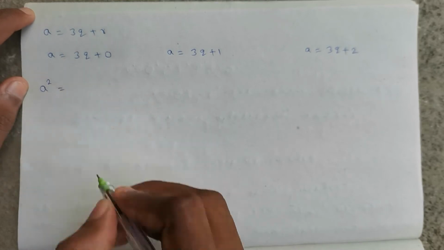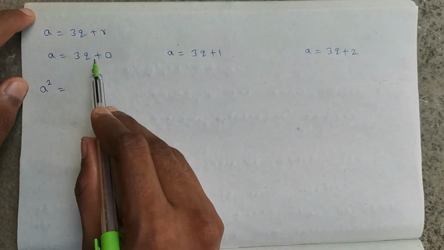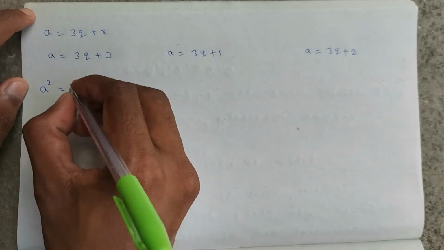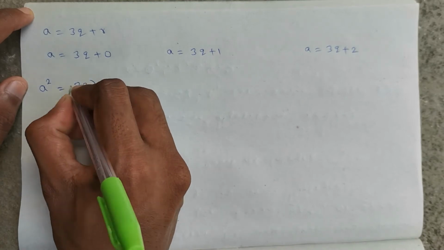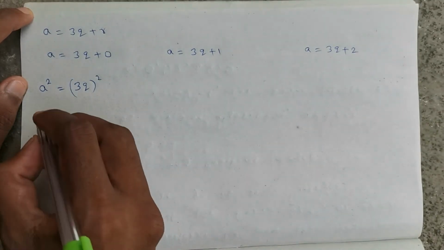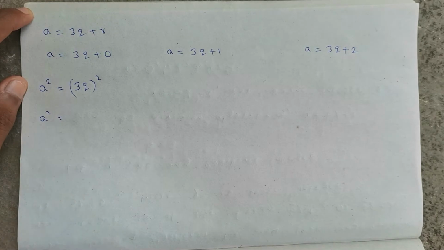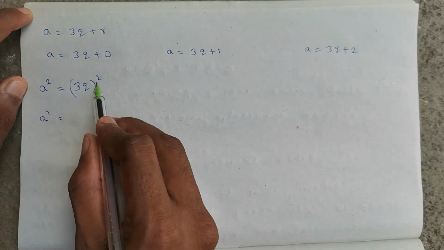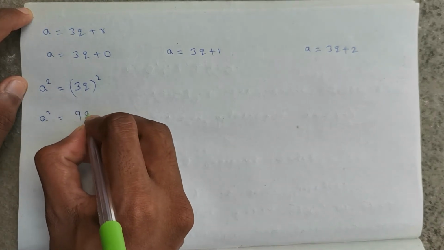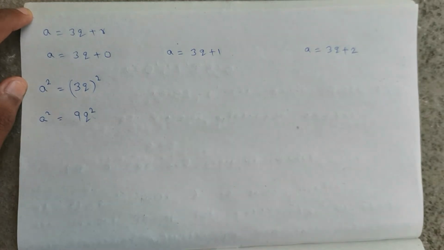So A square is equal to 3Q plus 0, which is nothing but 3Q, whole square. A square is equal to 3Q whole square, which is 9Q square. And we need to show that the square of any positive integer is in the form of 3p or 3p plus 1.